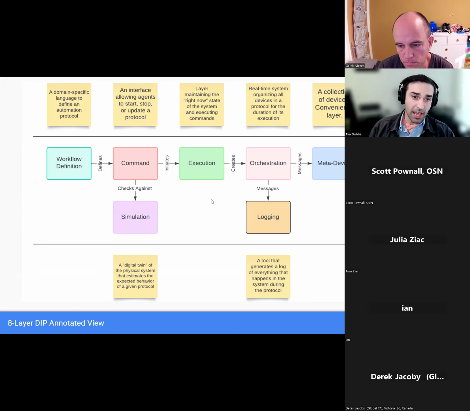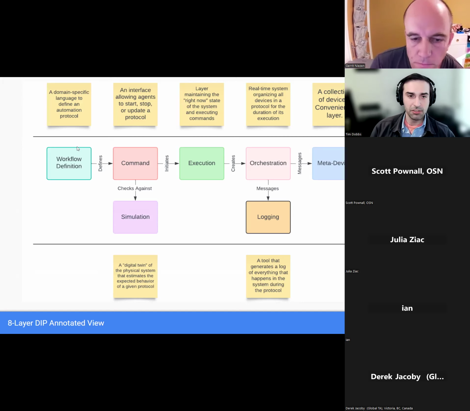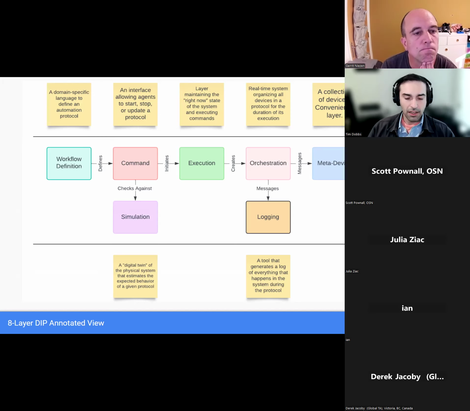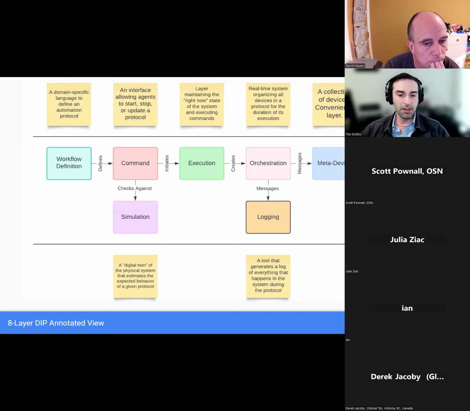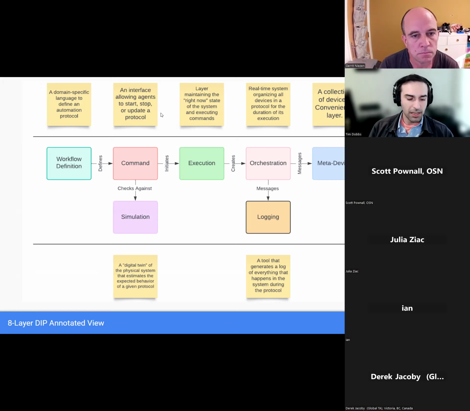Once I have written this part out, I send it to what I'm calling the command layer. This allows agents to start, stop, or update a protocol. It's the touch point to this entire system. I say agents because it could be a human using a UI, but if you do it right, it could also be another computer, some other process talking to this automation system.